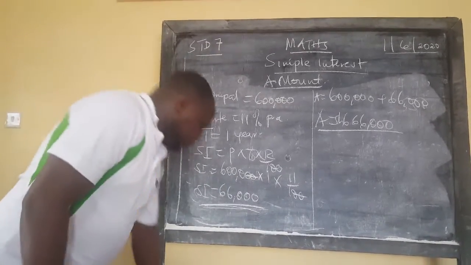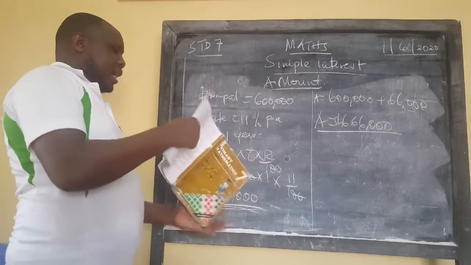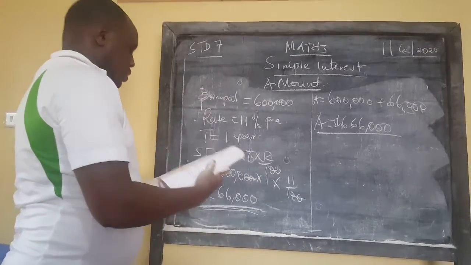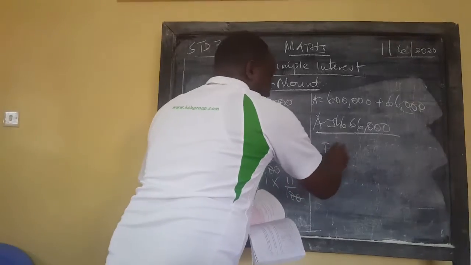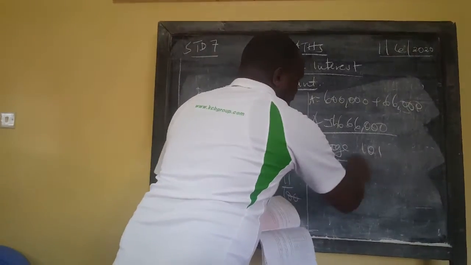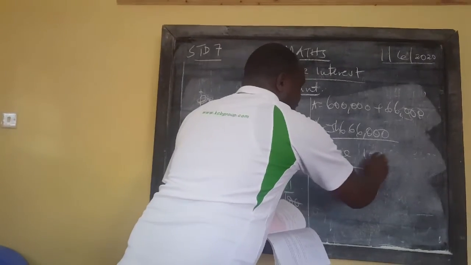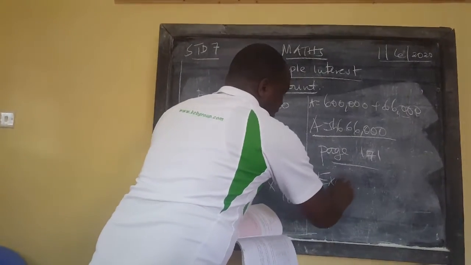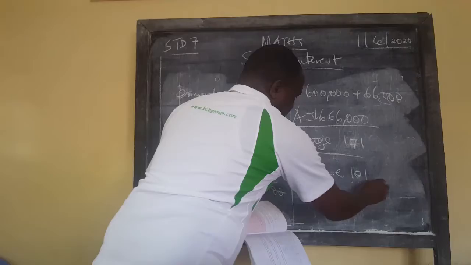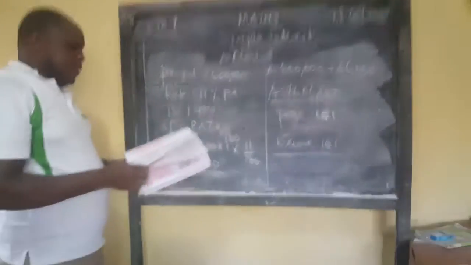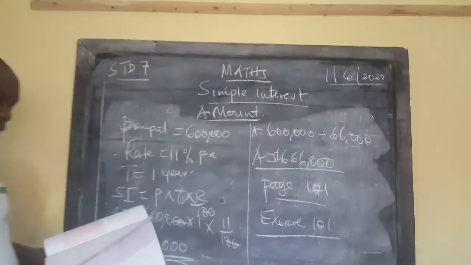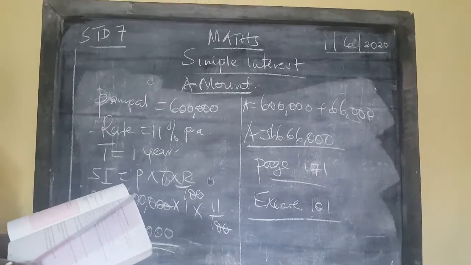So I want you to turn to page 171. Exercise 101. You find a table there. Number 1 is a table, and you are told to copy and complete the table below.